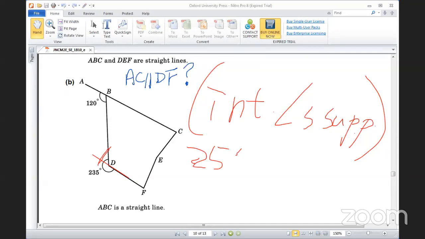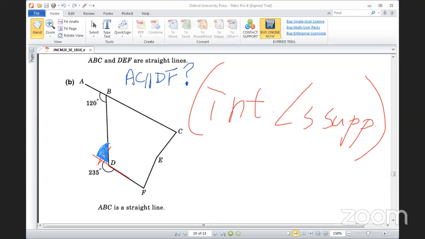Then in this case, you need to tell people that you have to extend the line FD, because the angle that you are looking at is not shown in the diagram.